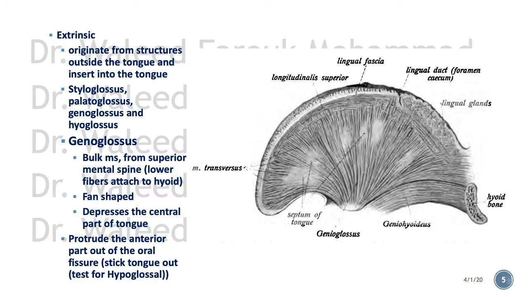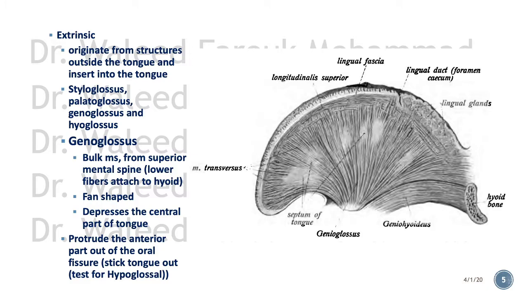So the right genioglossus will operate on the tongue, and the tongue will be protruded forward and to the left, not opposed by the left one. So we have a left hypoglossal nerve lesion and left deviation of the tongue. They say that the tongue always points at the side of injury.